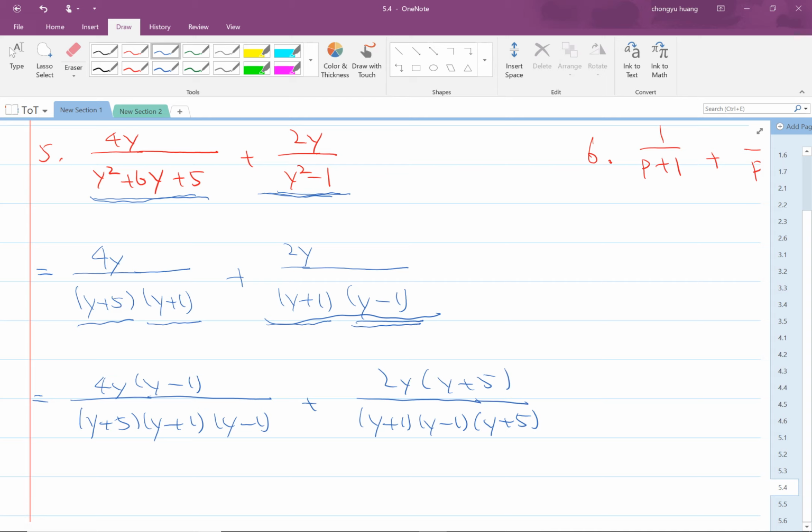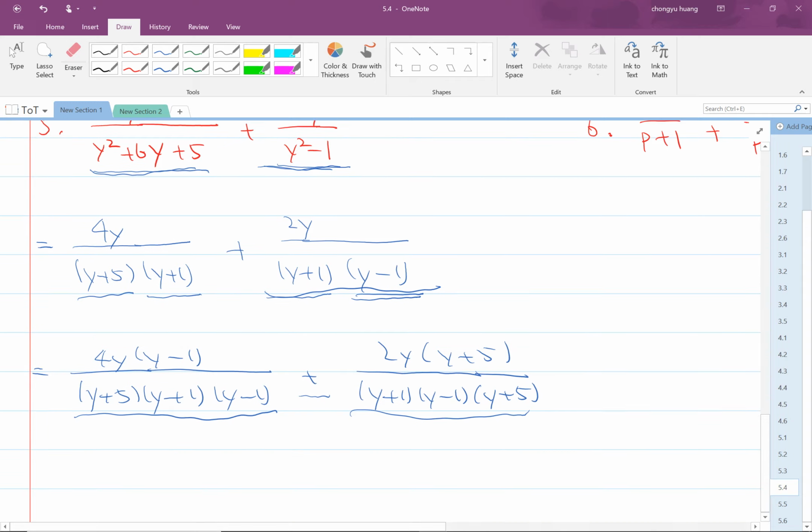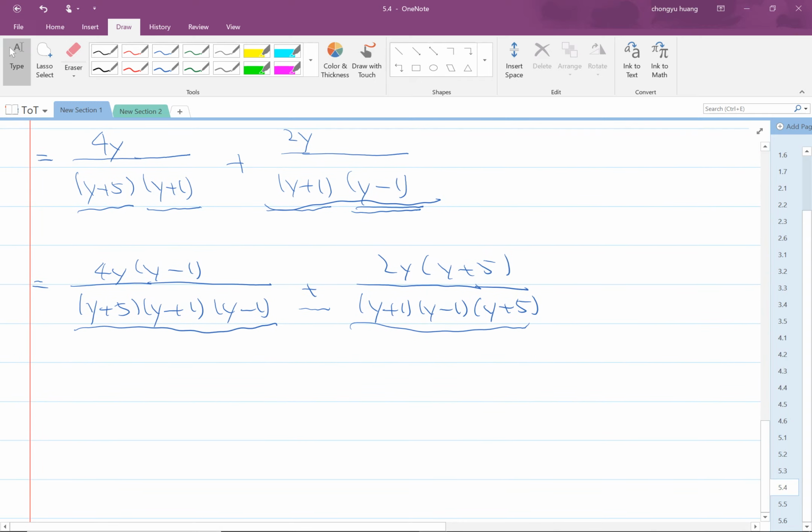Using this kind of logic, I have found the least common denominator already. The denominators of those two terms are the same, so we can add, which makes it easy to solve this problem because we can apply the property over here, right? Okay, so let's move down a little bit.